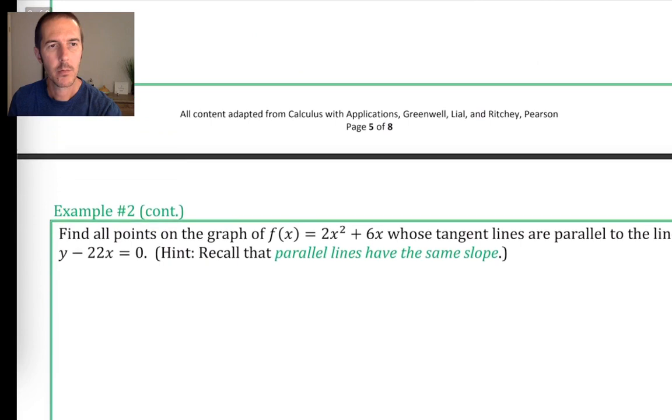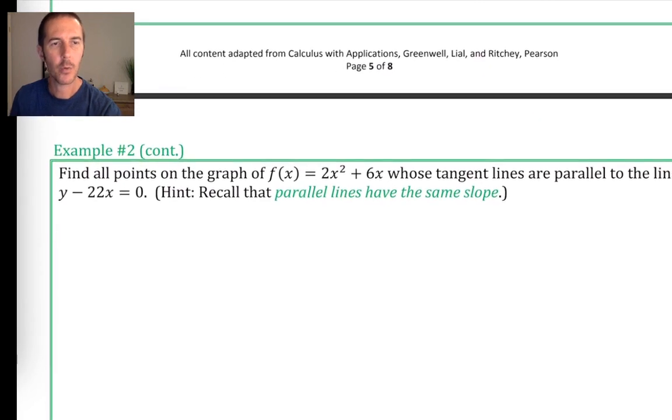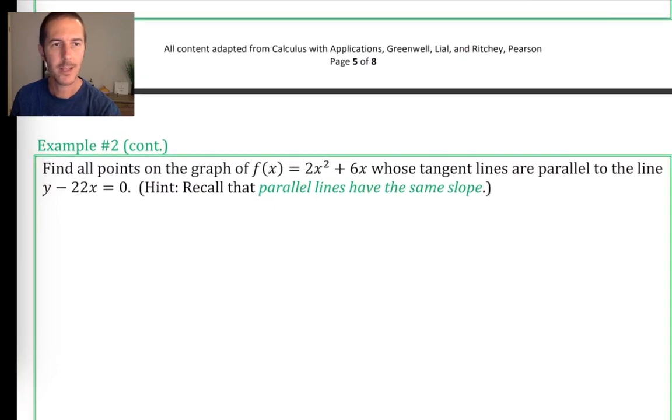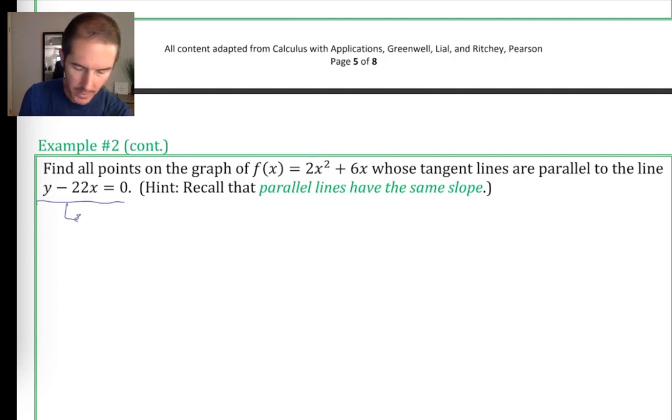Okay, and find all points on the graph of this function whose tangent lines are parallel to this other line. Well, I know that parallel lines have the same slope as each other, so I better figure out the slope of this line over here. I'm going to add 22x to both sides so that I get the equation y equals 22x.